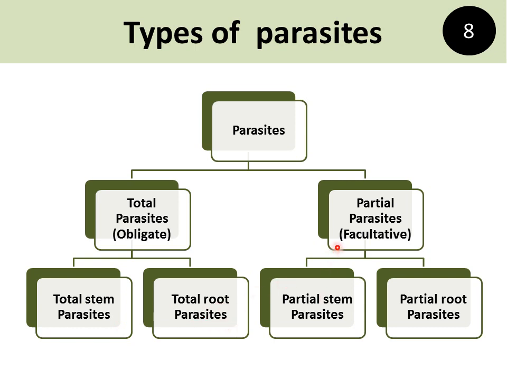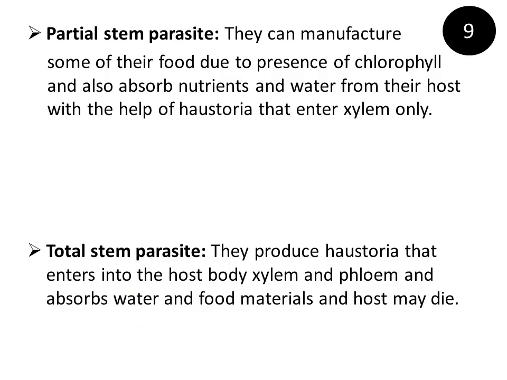In the similar way, partial parasites are further divided into two categories, that is partial stem parasites and partial root parasites. Students, you might be curious to know about the details of partial and total parasites. So do not get worried. I am going to explain this in detail.